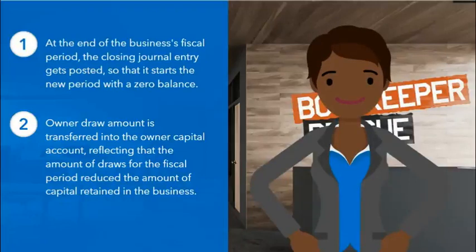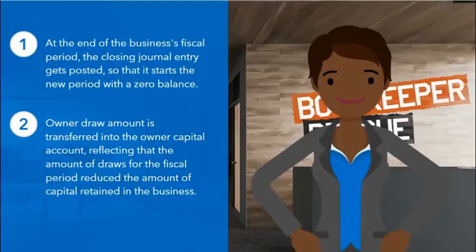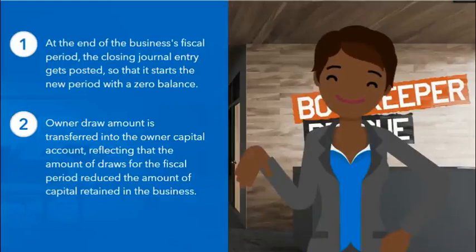For example, at the end of the fiscal period, a balance in the draws account is $5,000. So, a credit of $5,000 is posted to owner withdrawals, thus leaving an ending balance of zero in that account. The debit of $5,000 then gets posted to owner capital. Let's hear more about the closing process from an expert who can walk us through.